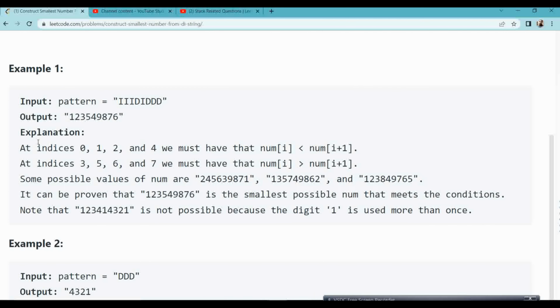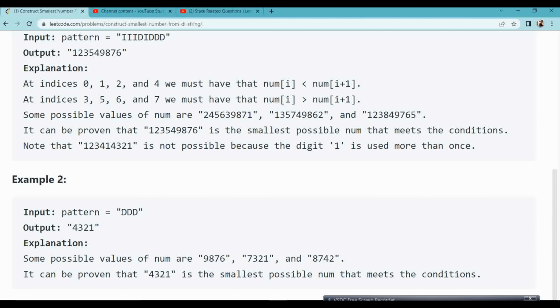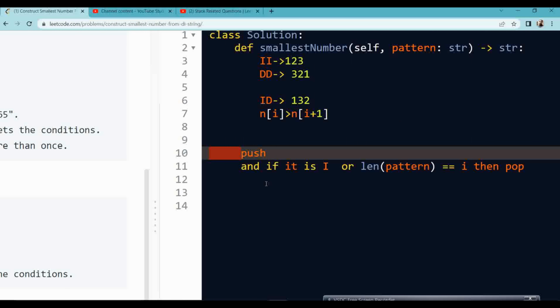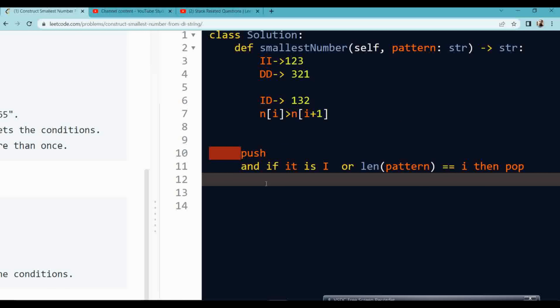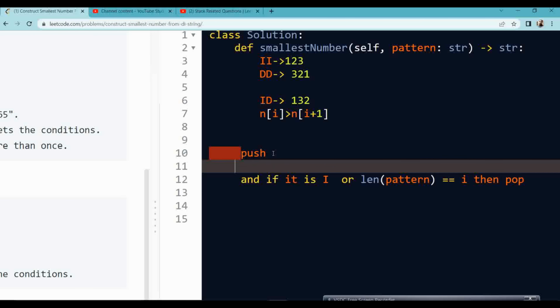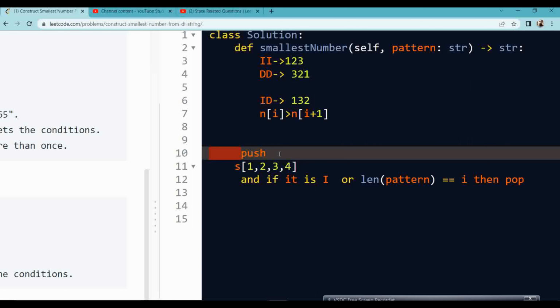So here, if you take this example DDD, for I plus 1 I will push onto the stack 1, then 2, then 3, because it is not equal to I and not equal to the length of the pattern. But as I move to the third index, 0 1 2 3, I will push I plus 1.